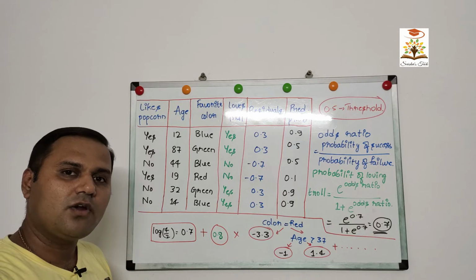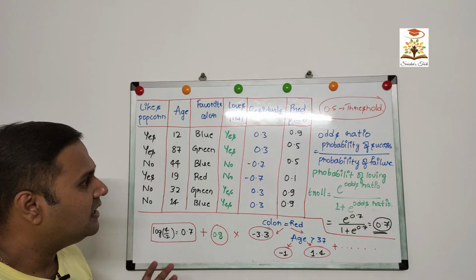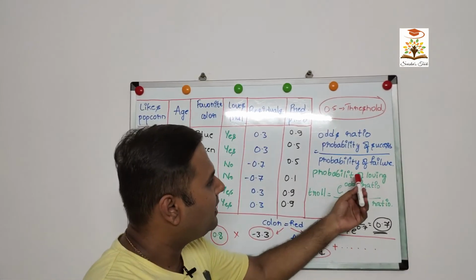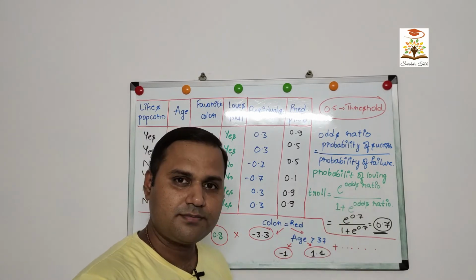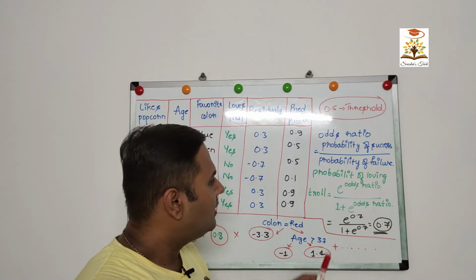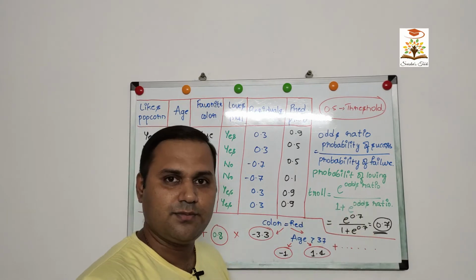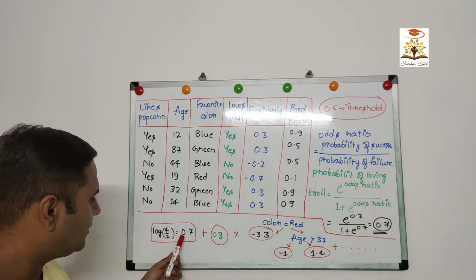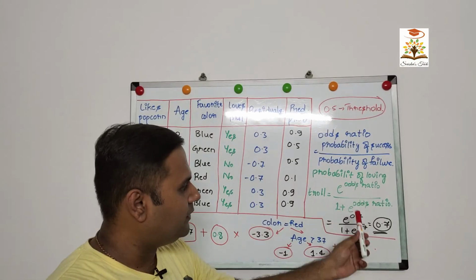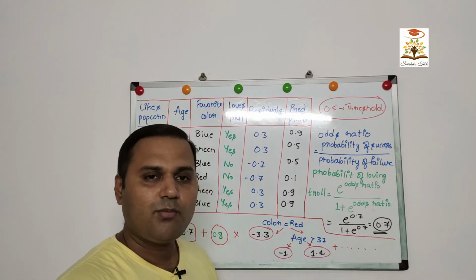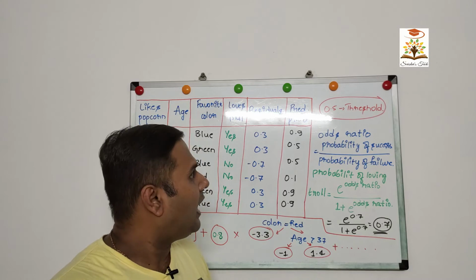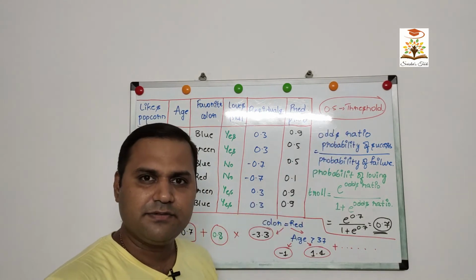Once we have calculated the log of odds ratio for the tree, let us calculate the probability of loving troll, which can be given as e raised to odds ratio divided by 1 plus e raised to odds ratio. In this scenario, odds ratio is 0.7. Substituting this value, we get the probability as 0.7. Now, our threshold is 0.5.